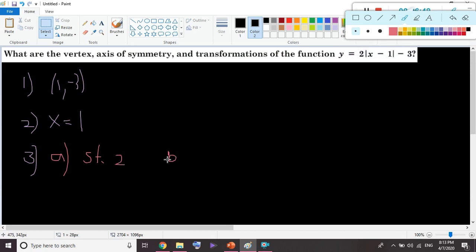B, it's translating 1 unit to the right, because it's a negative, so it's going to be to the right. And C is moving 3 units, negative, so it's going to be downward.